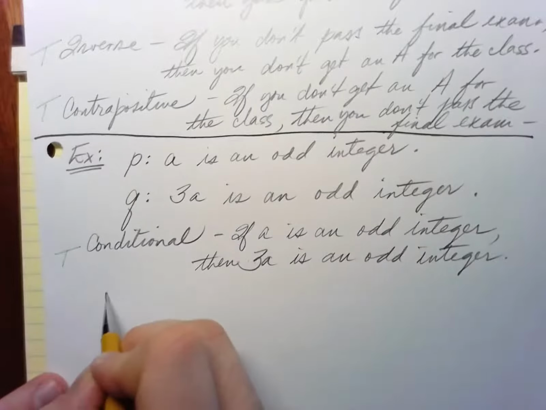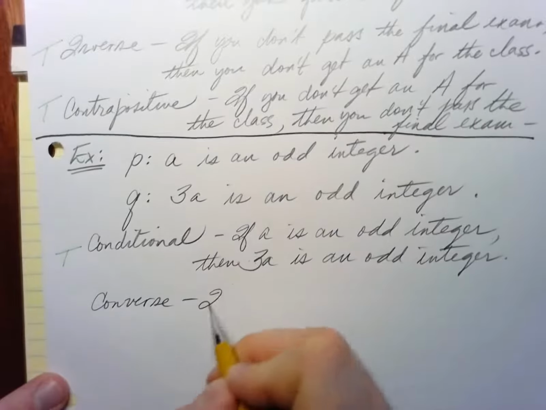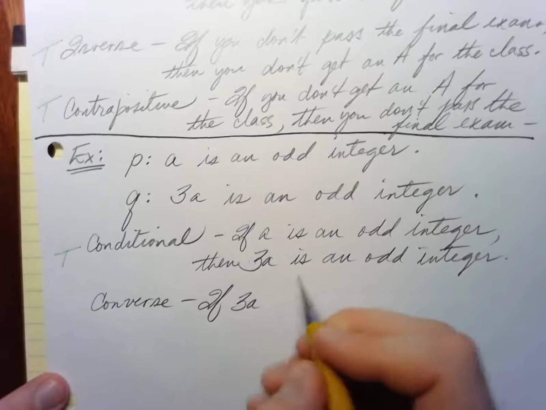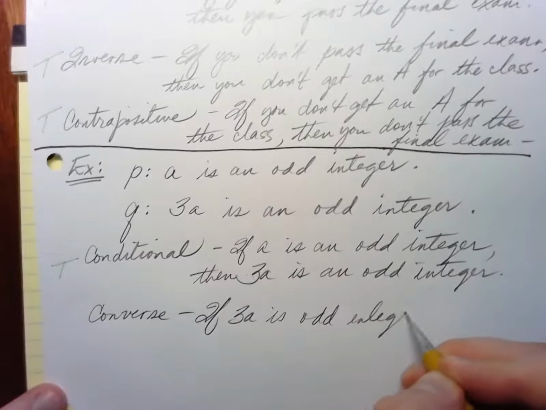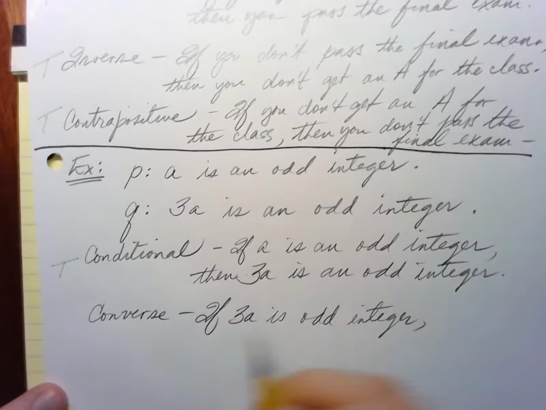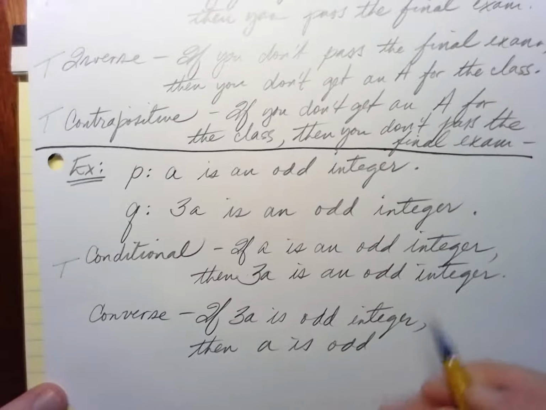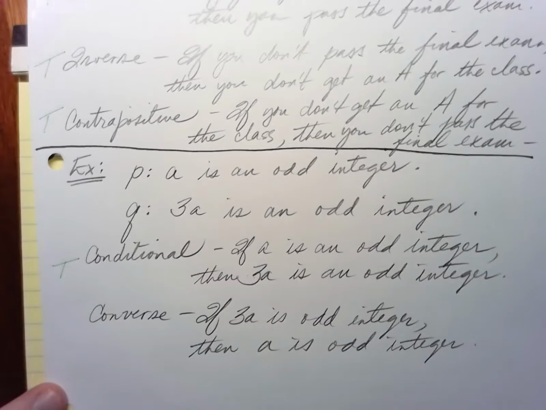Let's look at the converse. If 3A is an odd integer, then A is an odd integer.